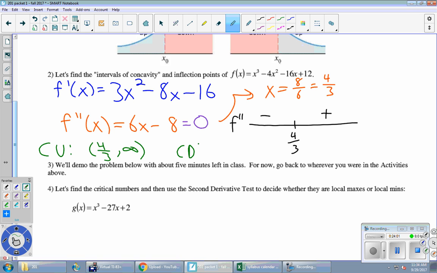And then concave down means the second derivative is negative. Negative infinity to 4/3 is good. If you decided that you wanted to include 4/3 here on the concave up side and also on the concave down side, no problem. Just be consistent.